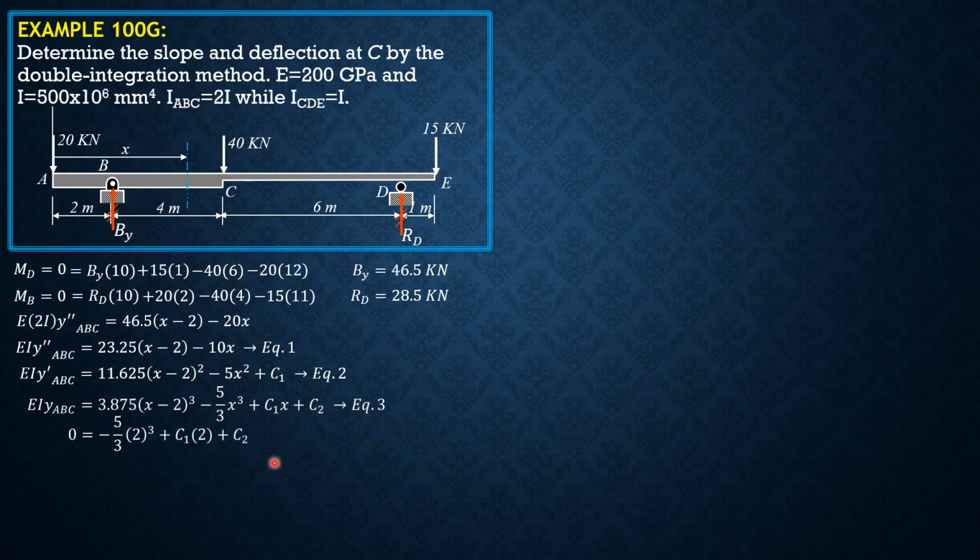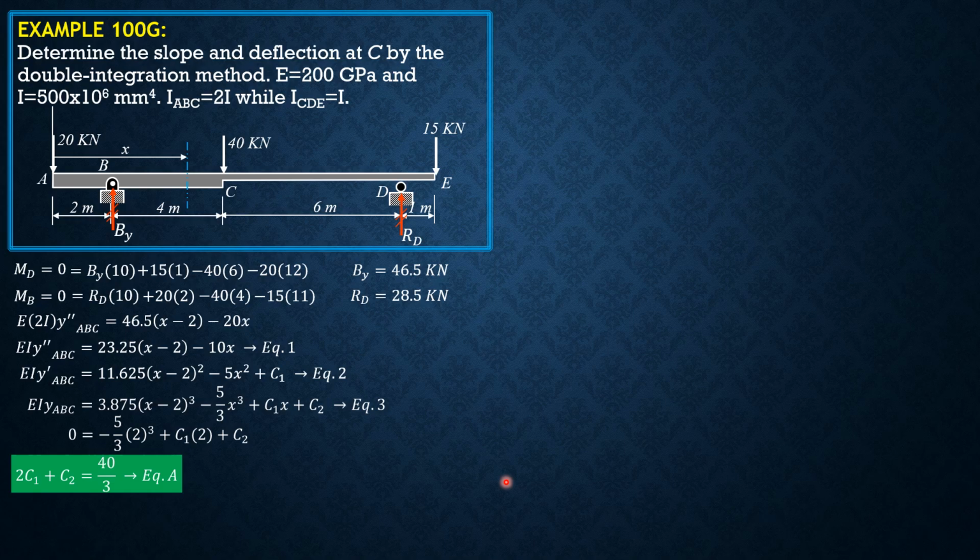So let's set up the first equation. 2C sub 1 plus C sub 2 equals 40 over 3. Call this equation A. And that's the only boundary condition that we can set up at B. Take note that C has the same slope and same deflection as ABC and CDE because it is a continuous beam.